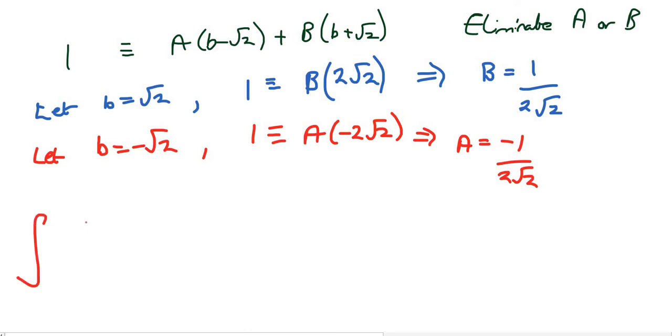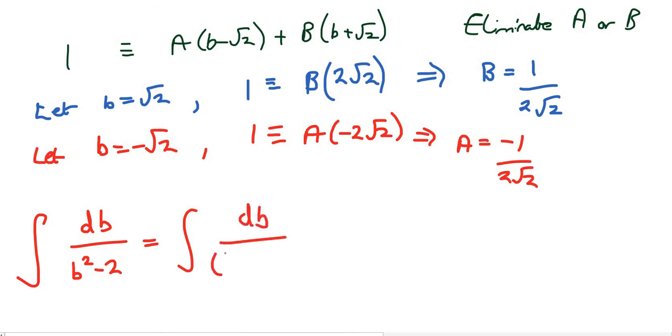So we had the integral of db over b squared minus 2, and remember, we wrote this as a difference of two squares. So it's b plus the square root of 2 times b minus the square root of 2. And now using our partial fraction decomposition, we can write this as, okay, so A is minus 1 over 2 root 2.